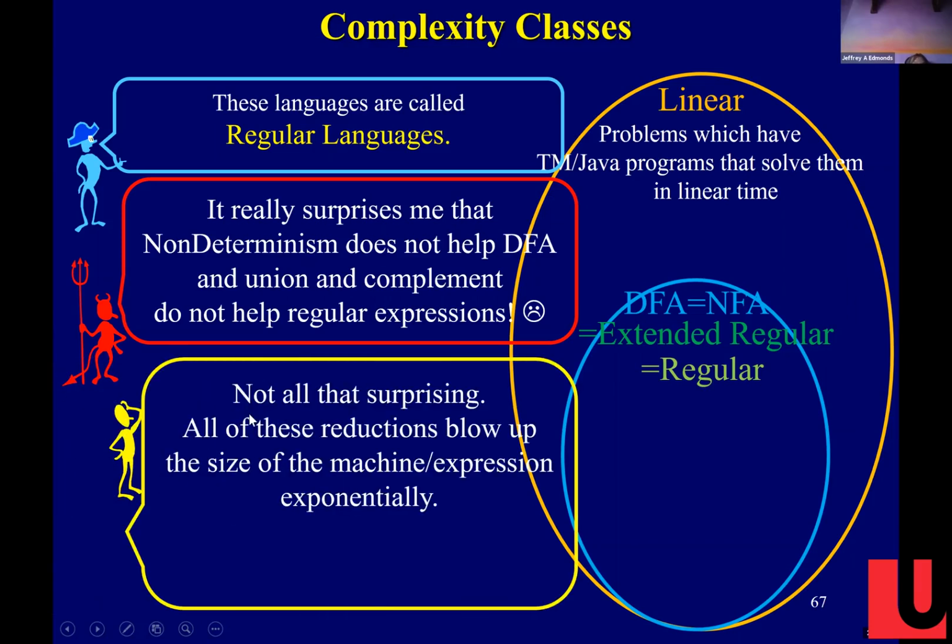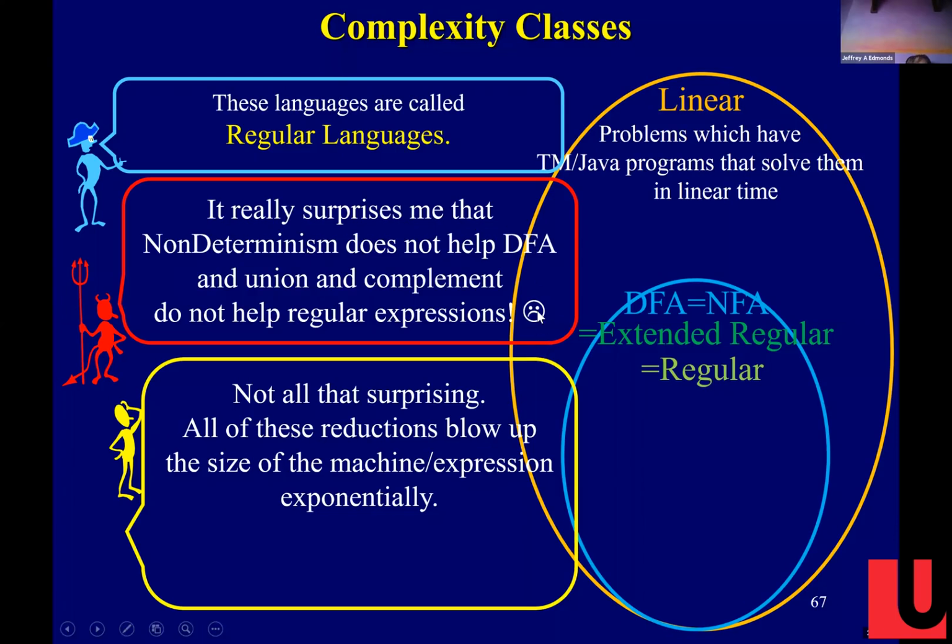But the reason it's not surprising is because when you do it, everything blows up. There's an exponential blow up in size. If you give me an NFA, I can give you a DFA, but if the NFA has R states, then the DFA will have 2 to the R states. If you give me an extended regular expression, it may have R characters, but the regular expression may have 2 to the R characters.